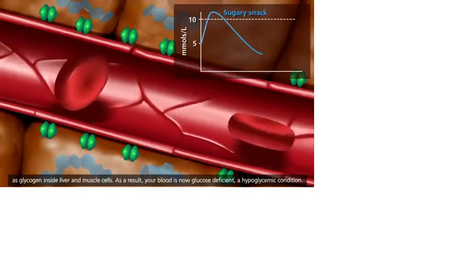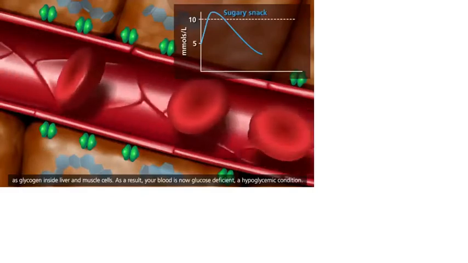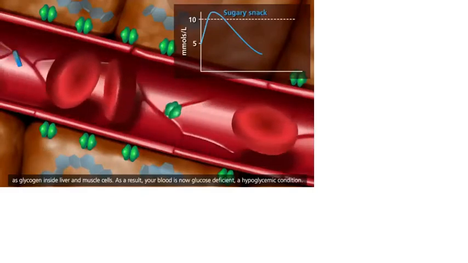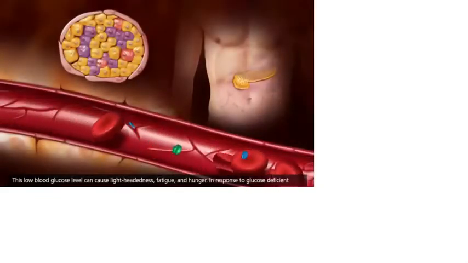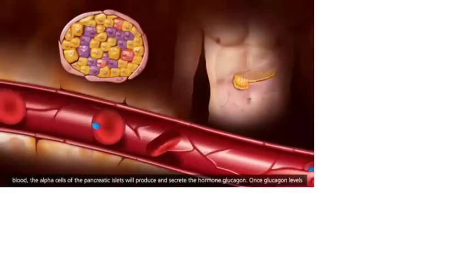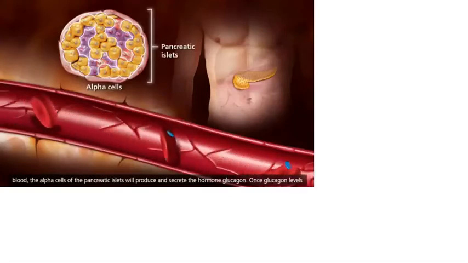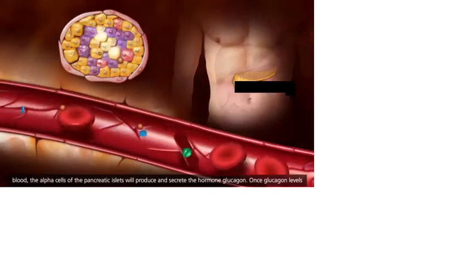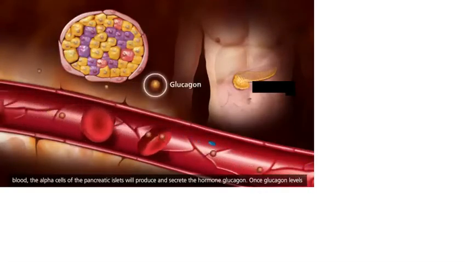As a result, your blood is now glucose deficient, a hypoglycemic condition. This low blood glucose level can cause lightheadedness, fatigue, and hunger. In response to glucose-deficient blood, the alpha cells of the pancreatic islets will produce and secrete the hormone glucagon.